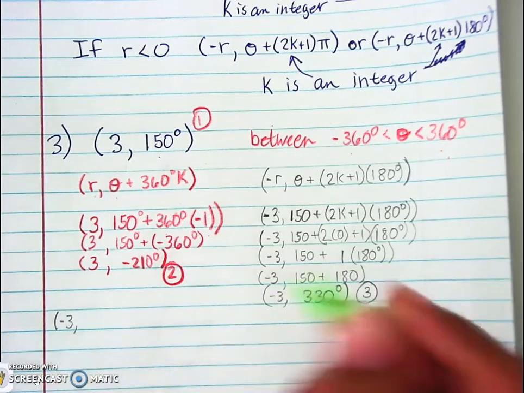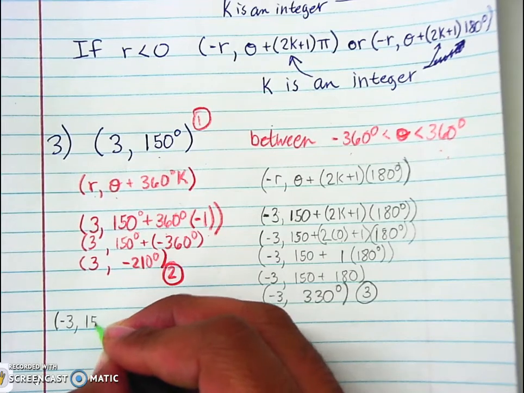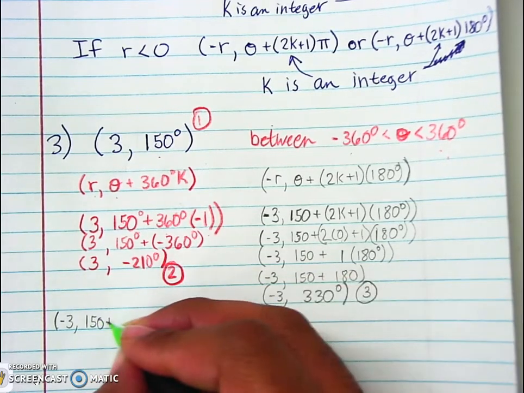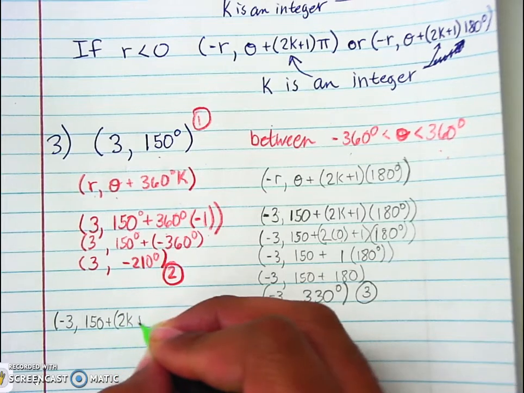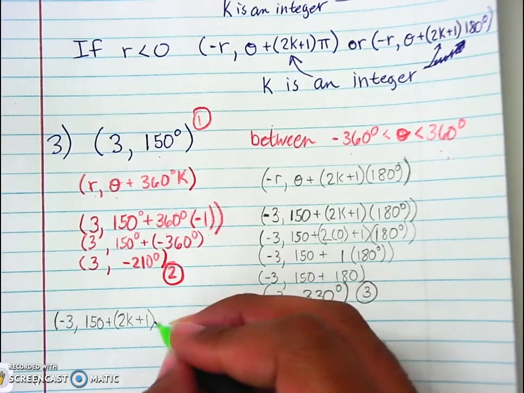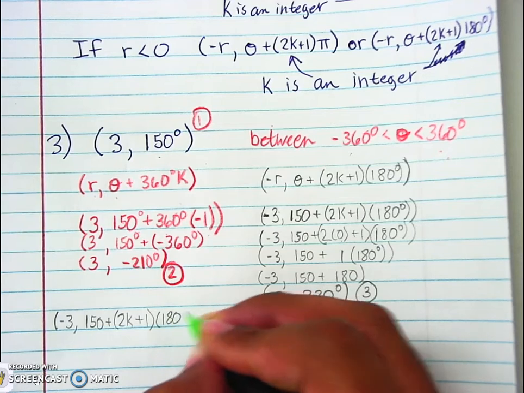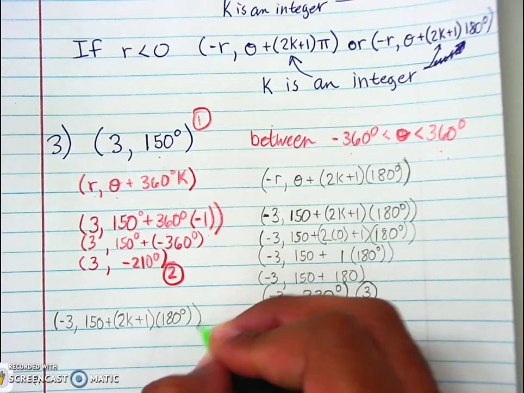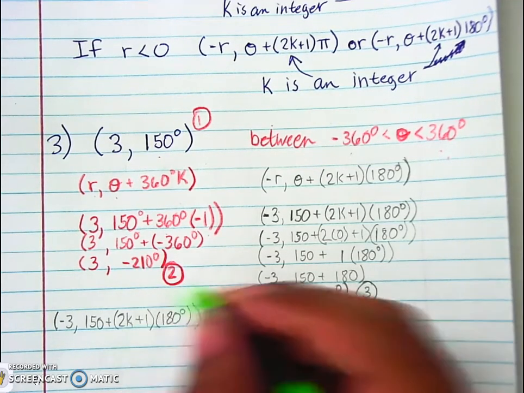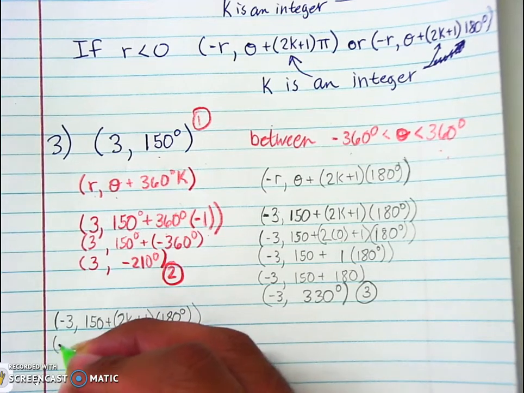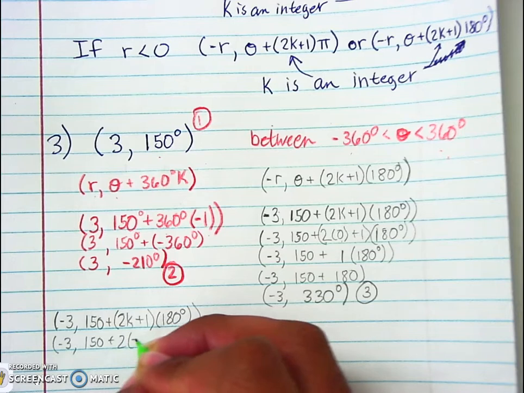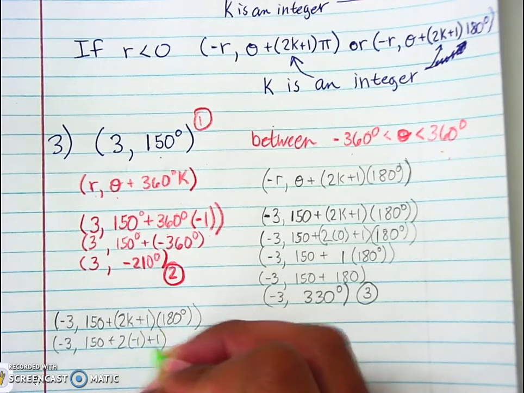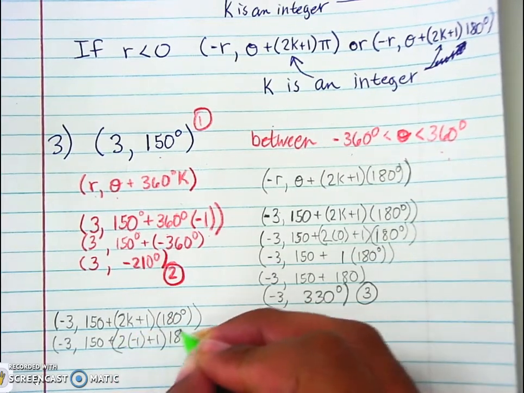So negative 3, 150 plus, parentheses, 2k plus 1 times 180. And here we're going to put in negative 1 for k and work it out.